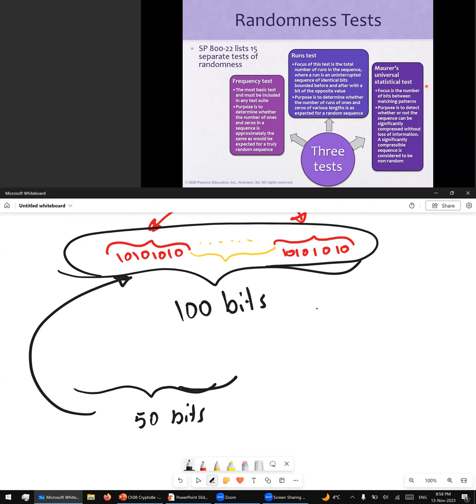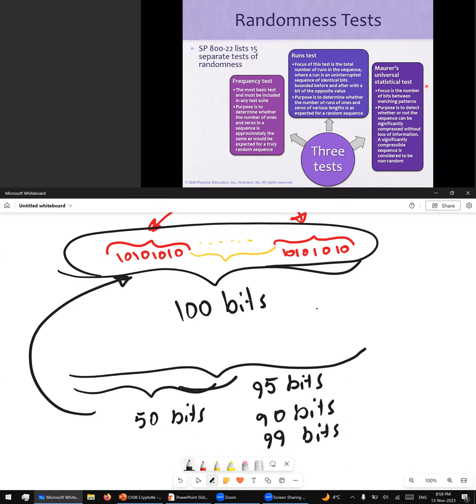Right? So what I'm looking for is a stream of bits that are so random that whatever compression algorithm you apply to it, you still have something close to 100 bits, like say 95 bits is the output of the compression algorithm, or I don't know, 90 bits, or even better, 99 bits, right?